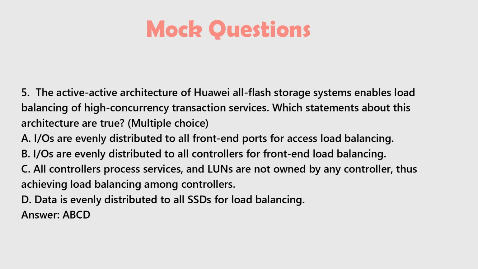B. IOs are evenly distributed to all controllers for front-end load balancing. C. All controllers process services, and LUNs are not owned by any controller, thus achieving load balancing among controllers. D. Data is evenly distributed to all SSDs for load balancing. Answer: A, B, C, D.